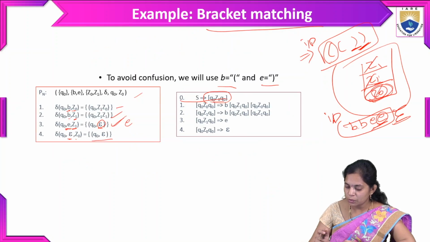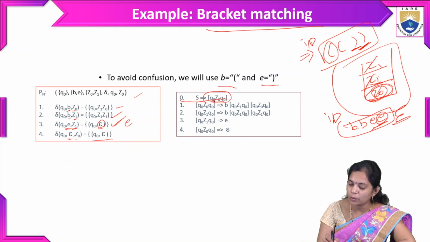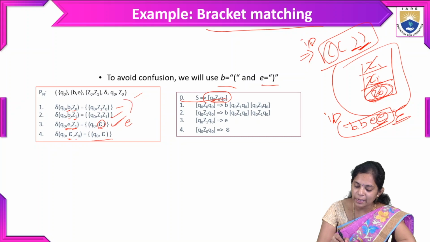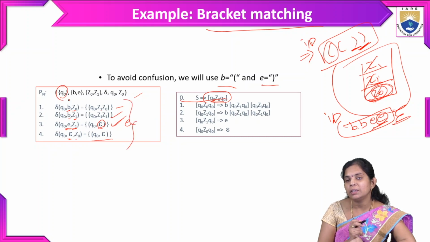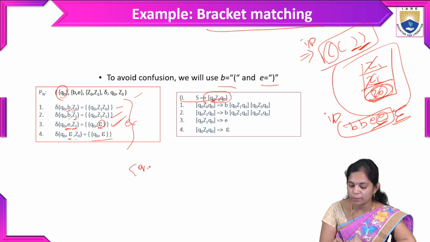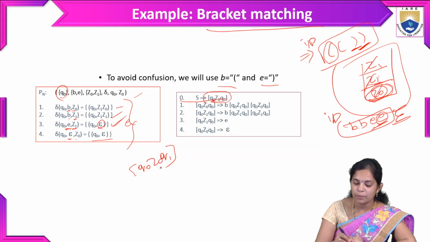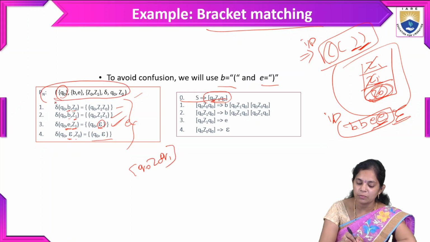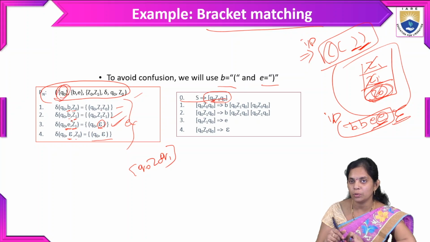So here the first one is Q naught, and in this entire thing we have only one state. Suppose we had two more states, we would need to write Q naught comma Q1 with Z naught in between. But in this transition function, we have only one state, Q naught. That's why the present state and next state are the same. So this is the S, and that is what we have written.